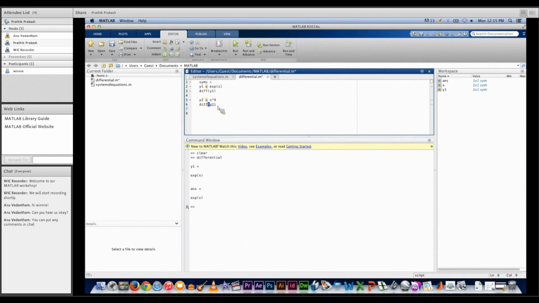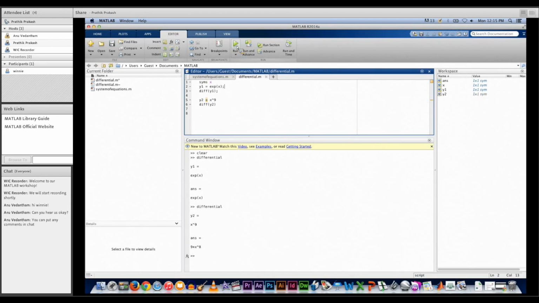If you want to do a differential of that, do diff of y2. I'm putting semicolons right after y1 as well as the differential of y1. That is to make sure that the output doesn't get printed on the command window. Right now our focus is on equation y2 and then the differential of that.